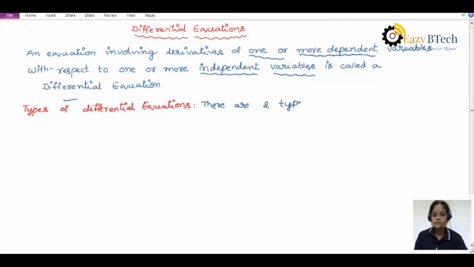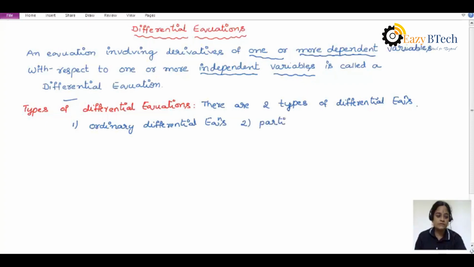The number one is ordinary differential equations, and the second one is partial differential equations.